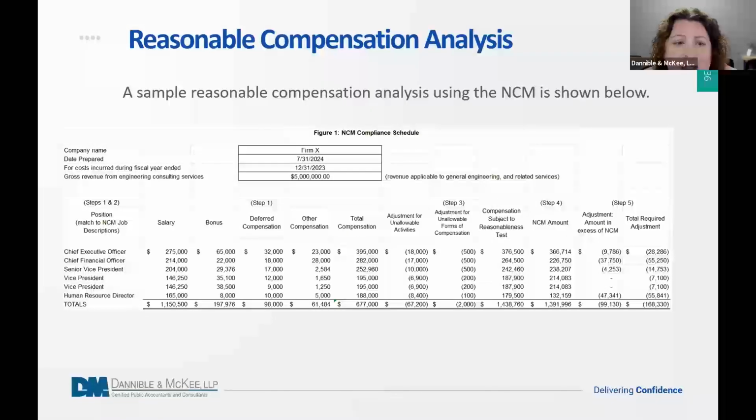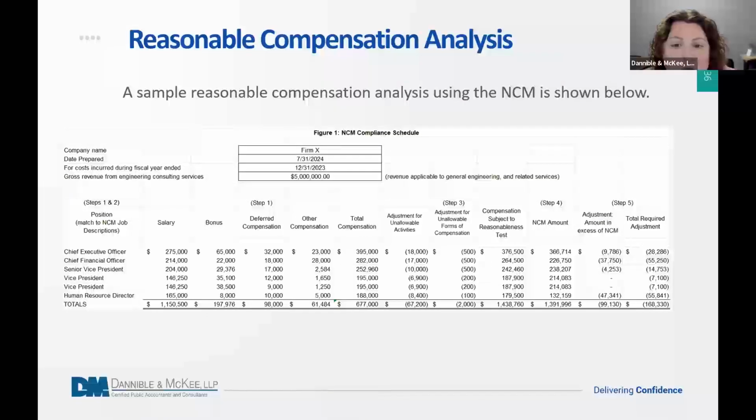In this instance, you'll see the CEO had a salary of $275,000, a bonus of $65K, deferred comp, other compensation, maybe 401K, so a total compensation of $395,000.